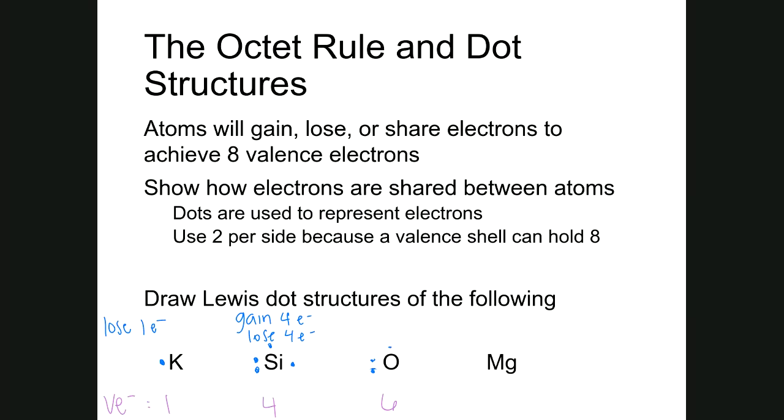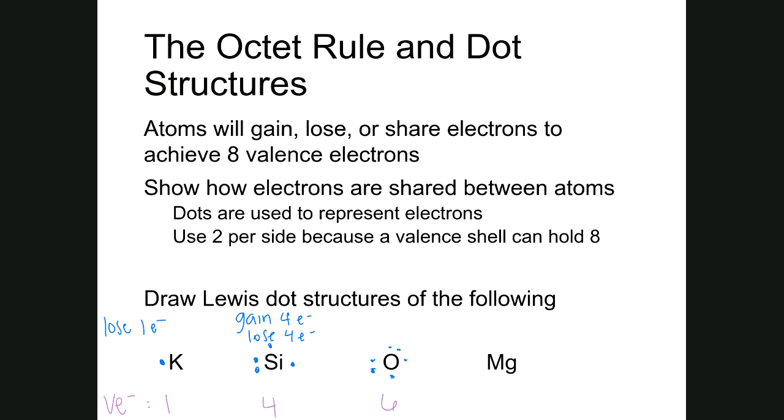So we have 1, 2, 3, 4, 5. Now we can go ahead and fill in another spot. So we're going to always put 2 together first, and then for the remaining, we're going to put 1 on each side and then double up. So this is our 6 electrons.